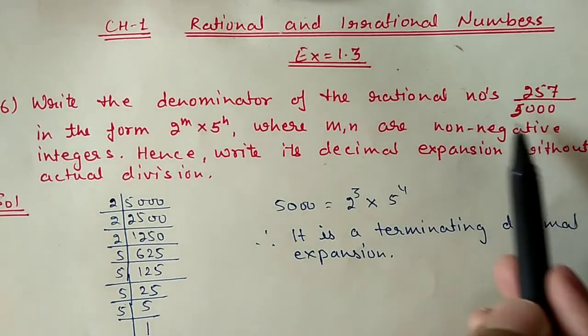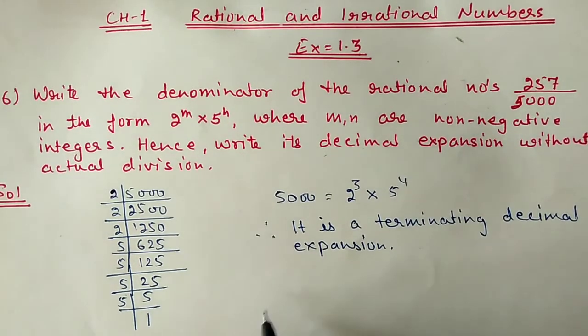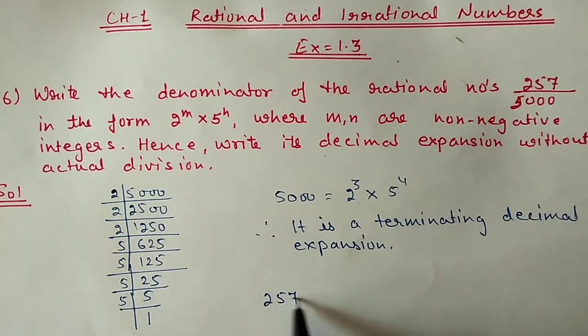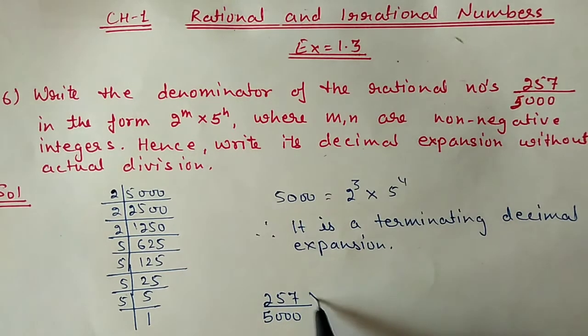Now this rational number, we have to change into decimal. So for that we will change the denominator into a multiple of 10. In the denominator we have 5000. To make it a multiple of 10, we have to multiply here with 2 up and down.